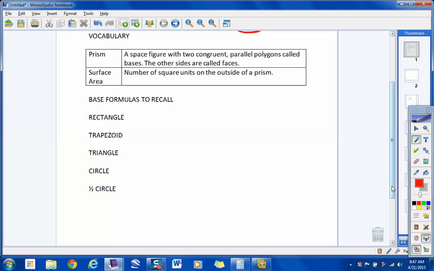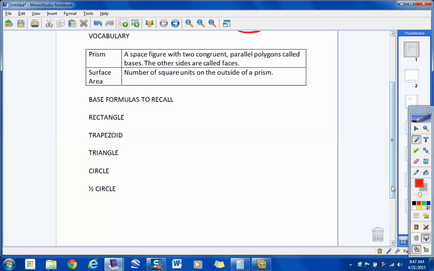Yeah. Okay. How many of you guys out there have something that's not a prism? Anybody have a shape that you can stand up but the top and the bottom aren't exactly the same? Kyle, hold yours up. If I set that on any side, will the top and the bottom ever be the same?